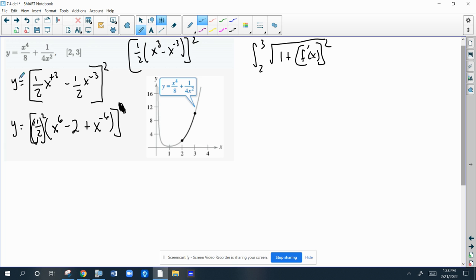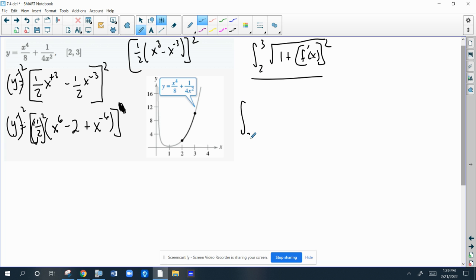So that's y prime squared. Bad notation on my part, but I did take the derivative and then I did square it. So I have to add 1 to that because now I'm going to go over to this integral.